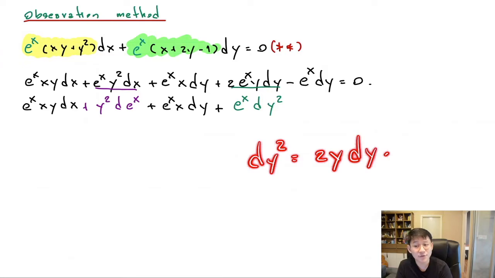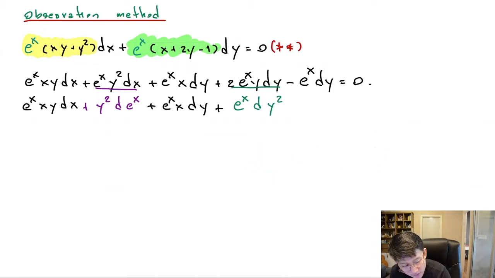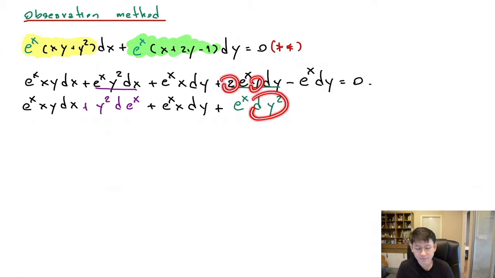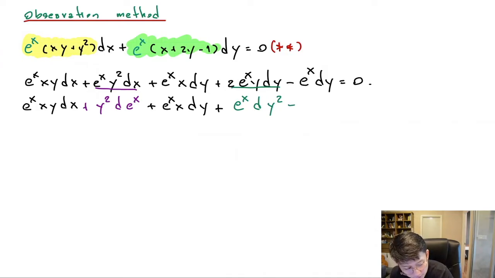Okay, it's a differential form, okay? So d y squared is 2y dy, and the last one I keep it the same, minus e to the x dy, okay?